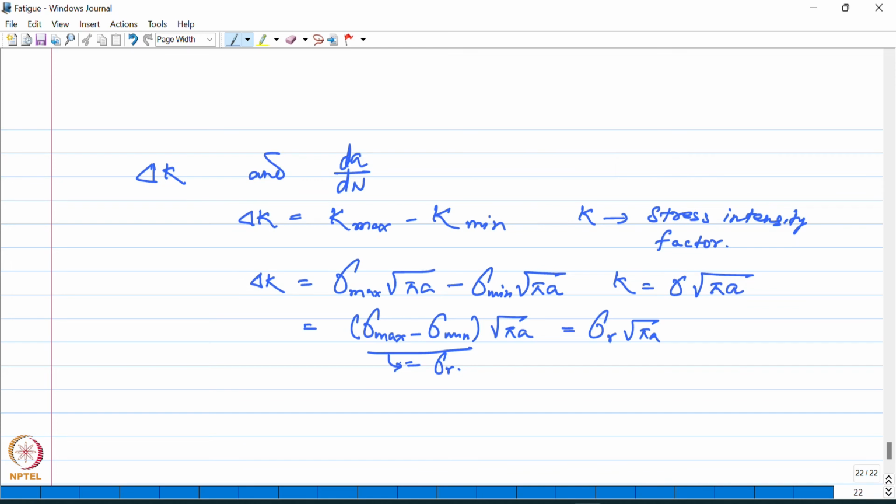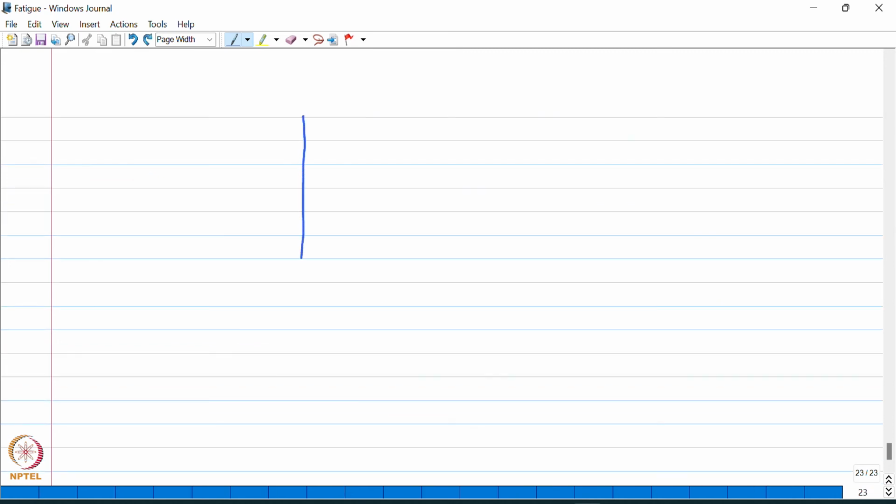So if you take a plot between dA by dN and delta K, the plot will look like this. This will basically give rise to a sigmoidal shaped plot. This is on a log scale, and this gives rise to a sigmoidal curve like this.